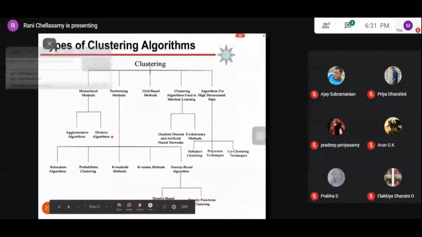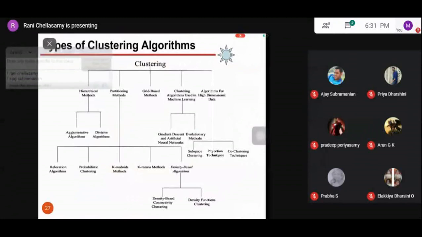Partitioning methods are classified into relocation algorithms, probabilistic clustering, k-medoids methods, k-means methods, and density-based algorithms. Under the density-based algorithm, you have two types: density-based connectivity clustering and density function clustering.